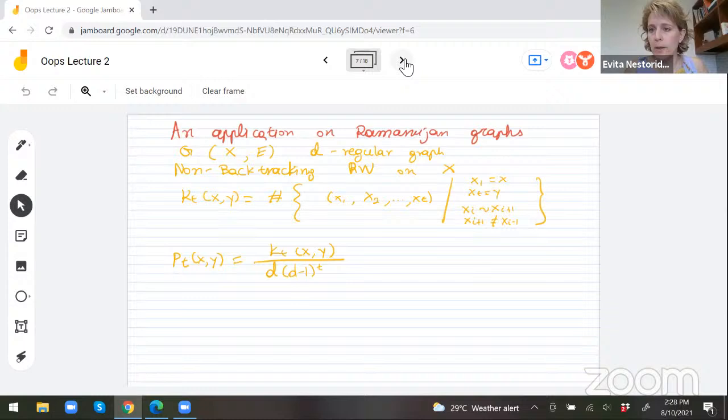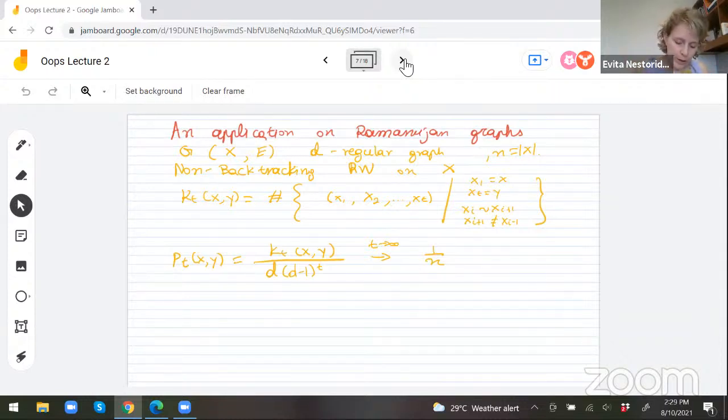This is the matrix we're going to be studying. And the point is that as t goes to infinity, this will be converging to 1 over n. Again, n was the size of the vertex set. Okay, and we want to study this random walk. We want to study the mixing time using the L2 bound.